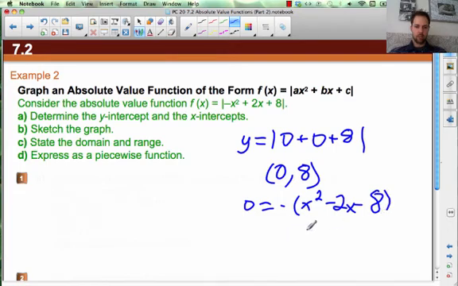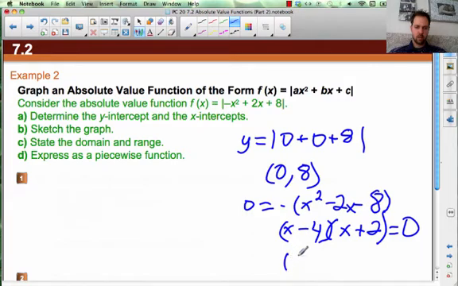So x minus 4 times x plus 2 equals 0. So then your intercepts are 4 and 0 and minus 2 and 0.